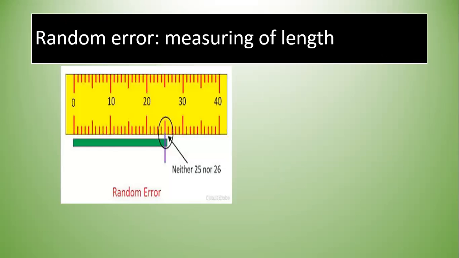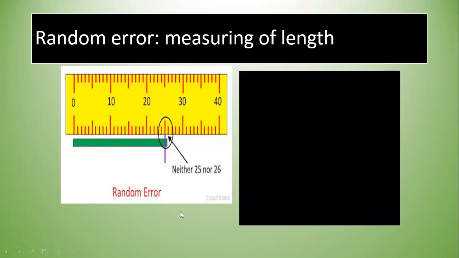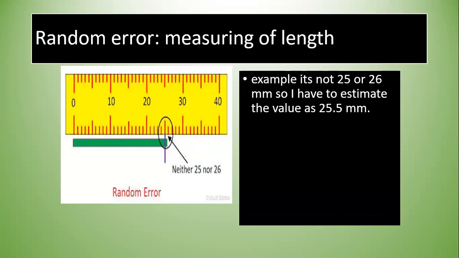Okay, random error, measuring a length. We can be sure that it is between 25 and 26, but it's not 25 nor 26, it's between that. So we have to estimate one more significant figure, which can be 0.5 or 0.4 or 0.3.